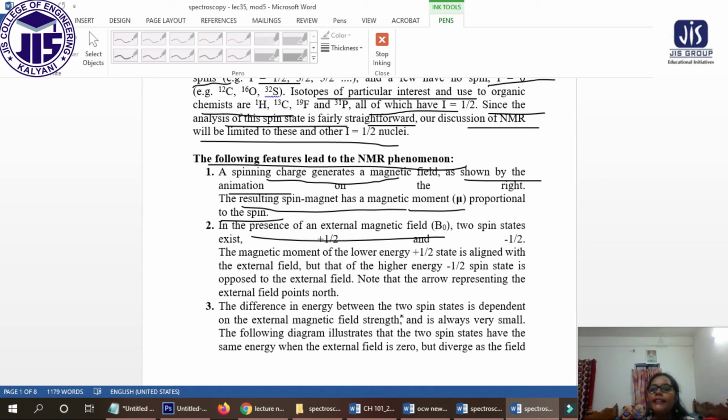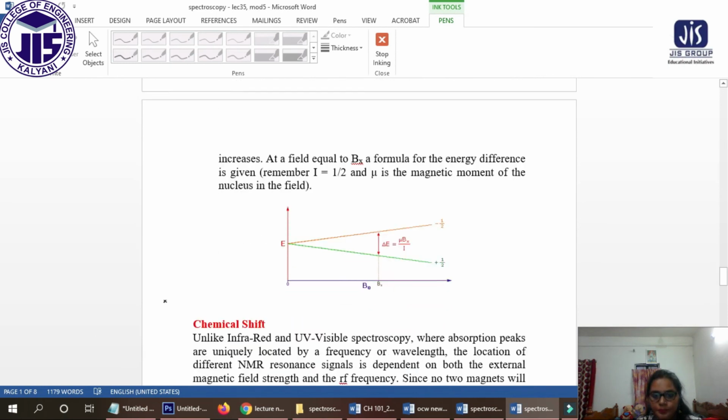The magnetic moment of the lower energy plus half state is aligned with the external field, but that of the higher energy minus half spin state is opposed to the external field. Note that the arrow representing the external field points north.